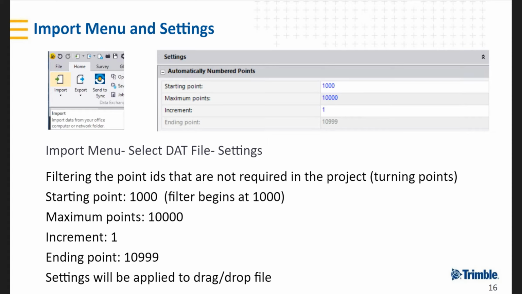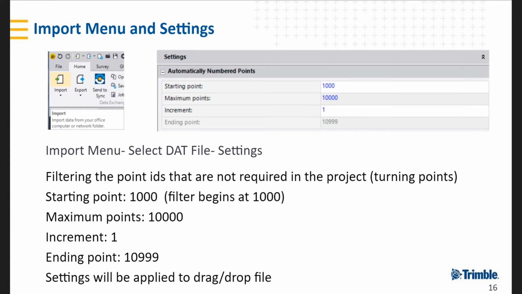This setting is a filter for turning points, for the points that you don't want to bring into the project. You can set the point number, the maximum point and the increment, and it will start reading the file and disable the numbers in the sequence.